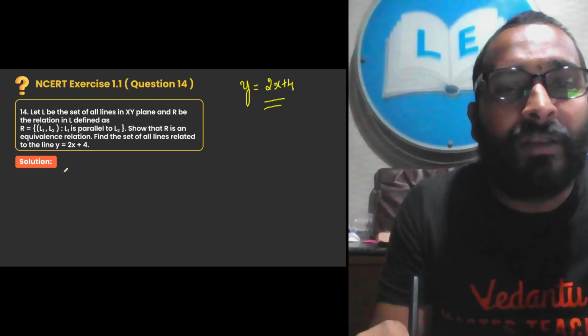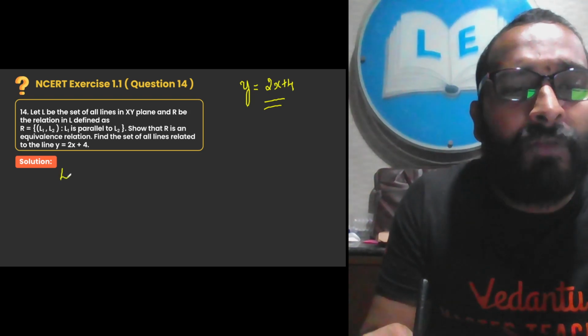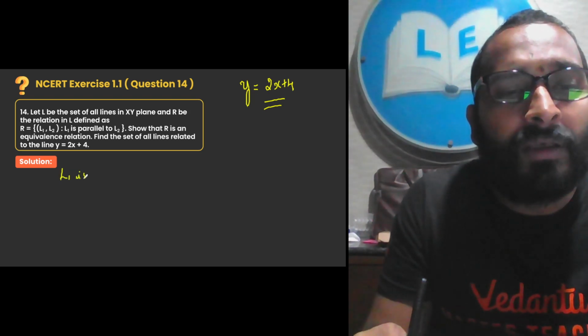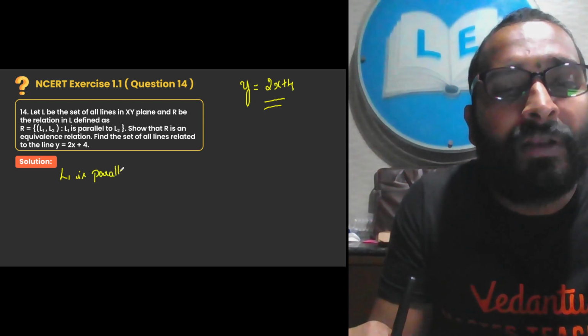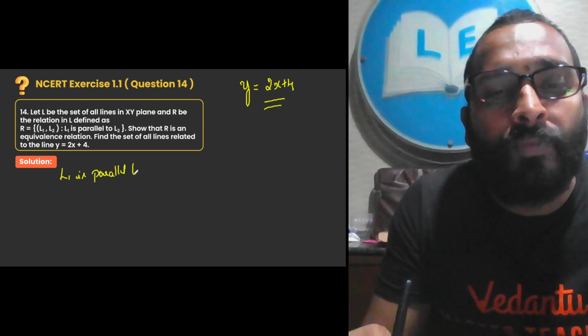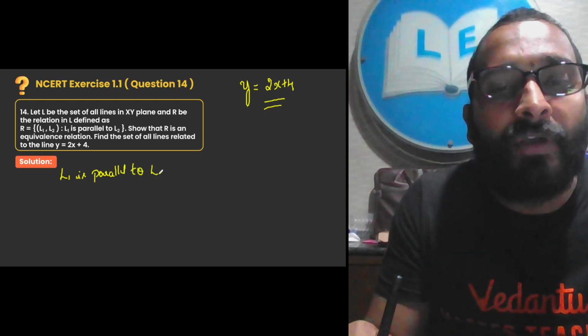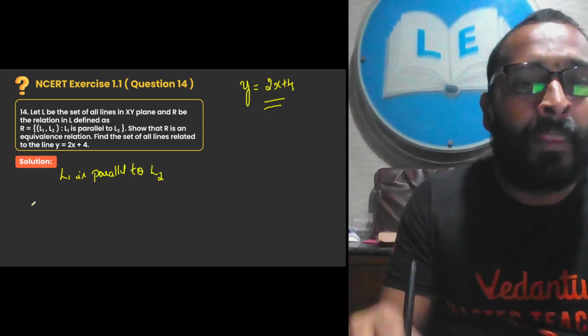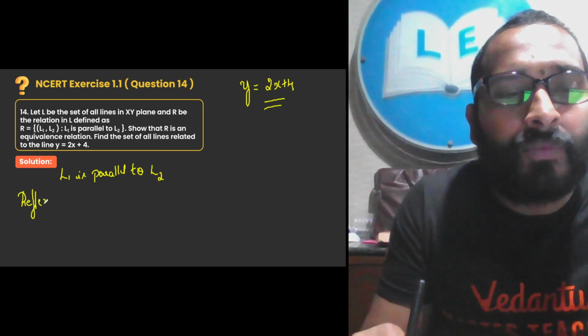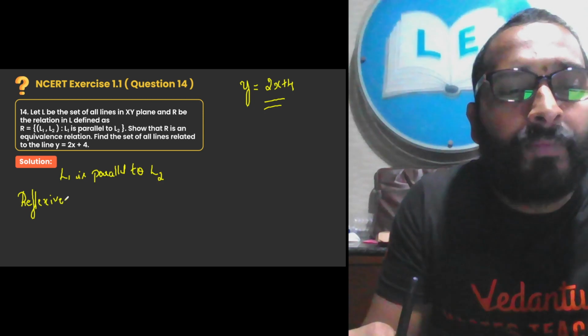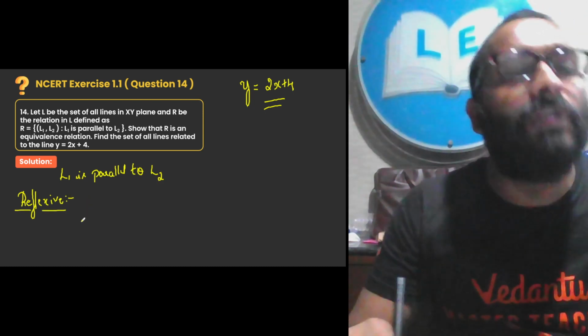They have given a relation where L1 is parallel to L2. Now if you notice this, children, just observe. Let us try to think about a reflexive relation. Any line you take, it will be parallel to itself, correct?